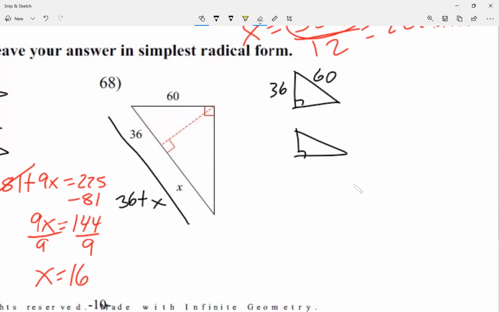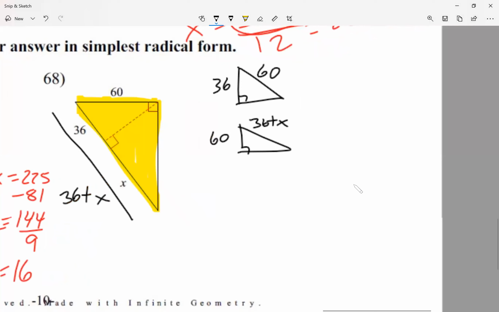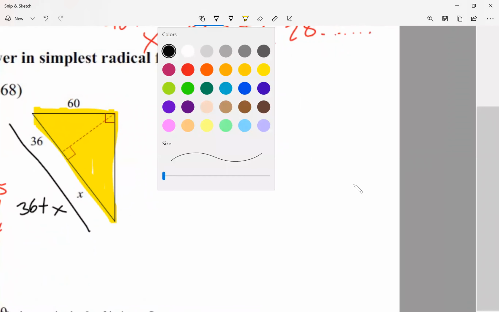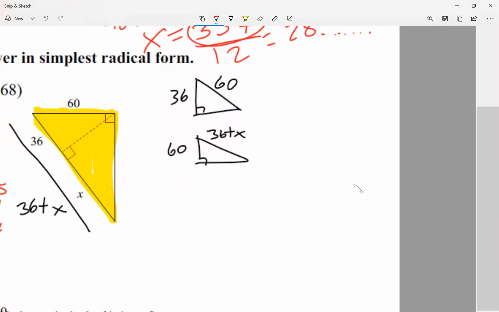The other triangle I'm going to use is this one. I see the small side is 60. The hypotenuse is 36 plus x. So this is 60, and this is 36 plus x. Based on the triangle at the bottom, I'm going to have 36 plus x over 60. Like I said, I use the measurements from the triangle at the bottom.